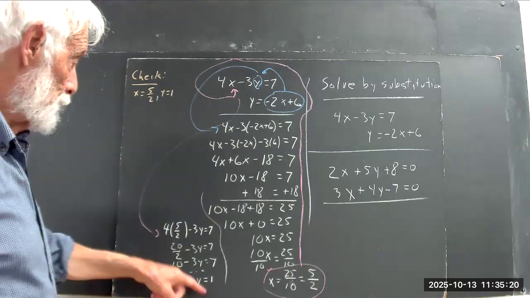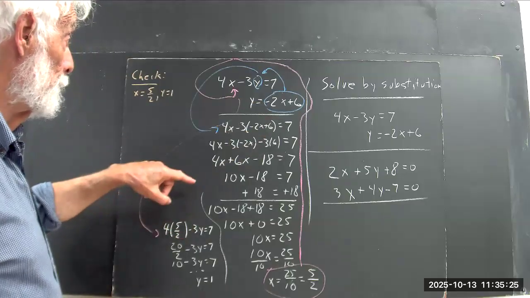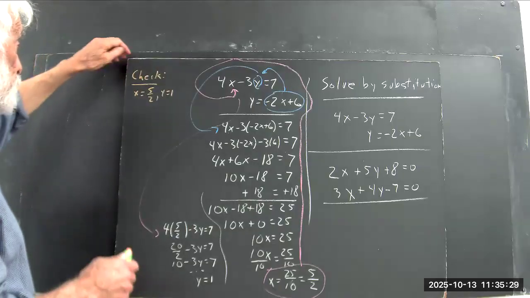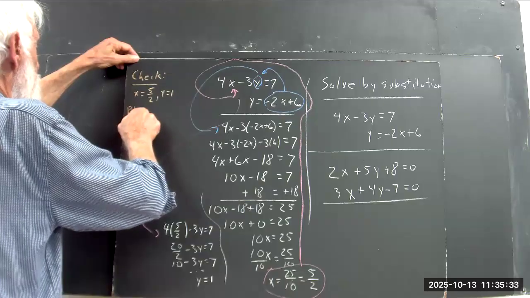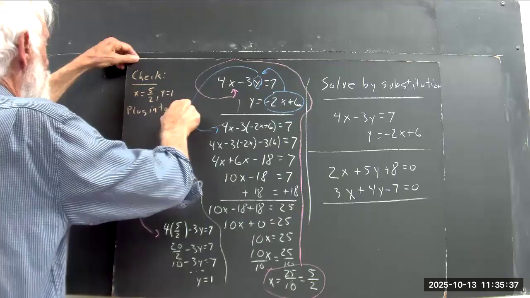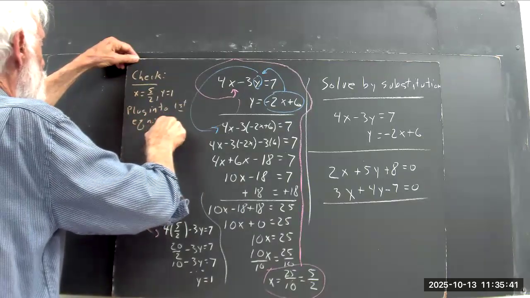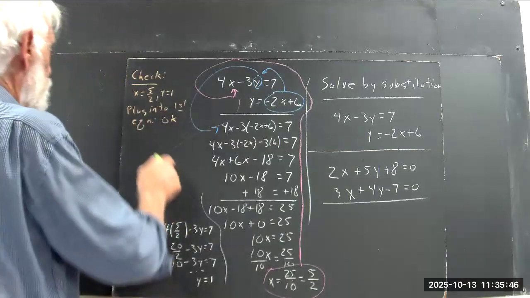Okay, so this one is pretty much checked. You still want to go back and do it, but you're going to pretty much get what we got here. So I was going to say, if we plug that into the first equation, it comes out okay.